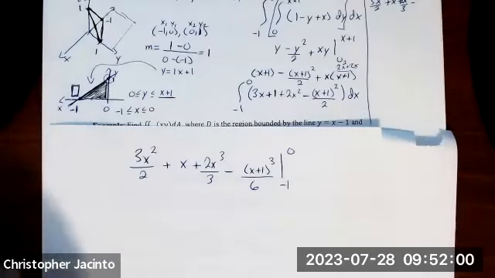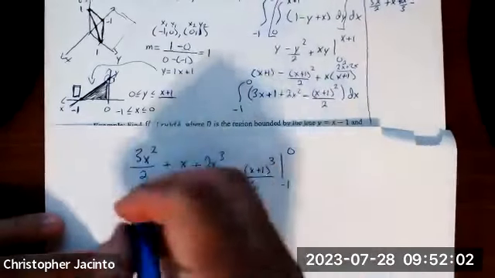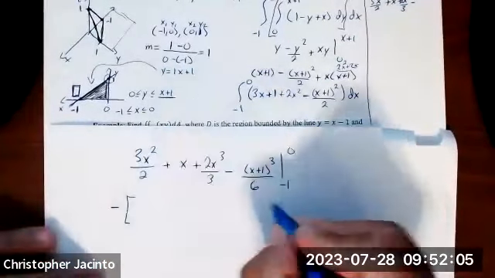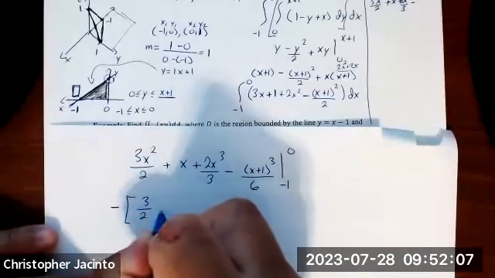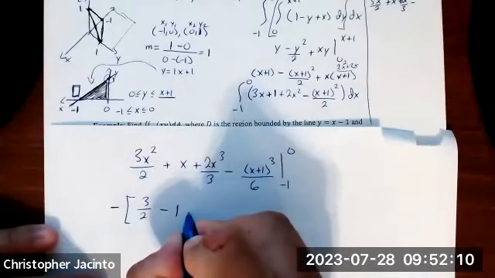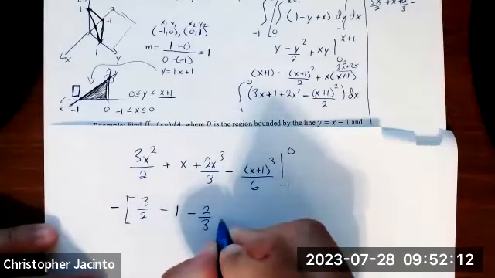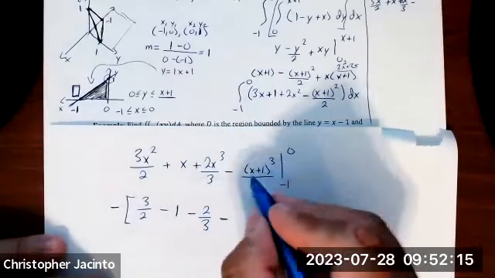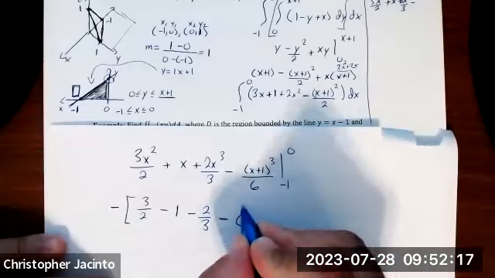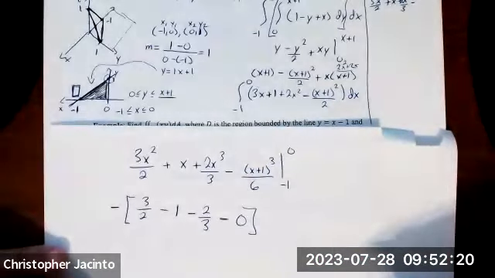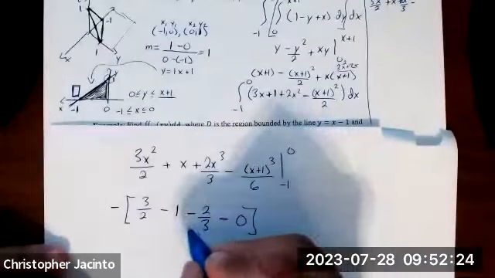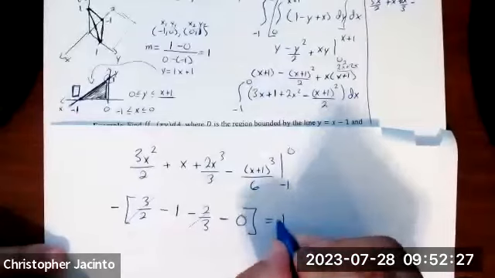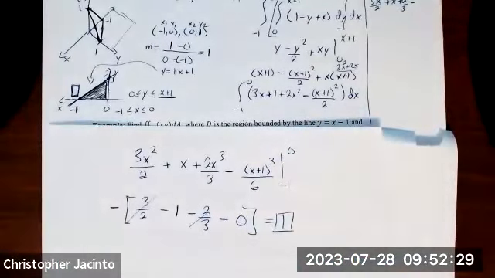All right, so we plug in 0, everything goes away. That's what's nice. So it's going to be minus, plug in -1, you get 3 over 2 minus 1 minus 2/3, minus, this ends up being 0. Oh, isn't that interesting? All that for what? Interesting.